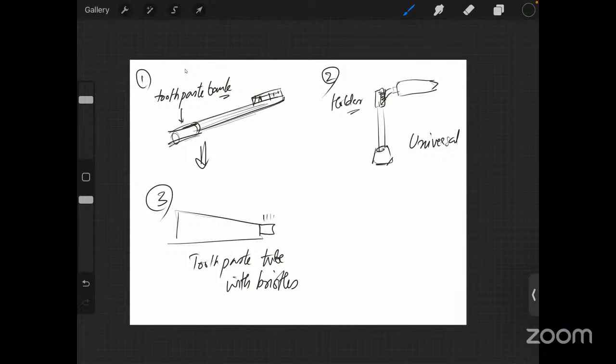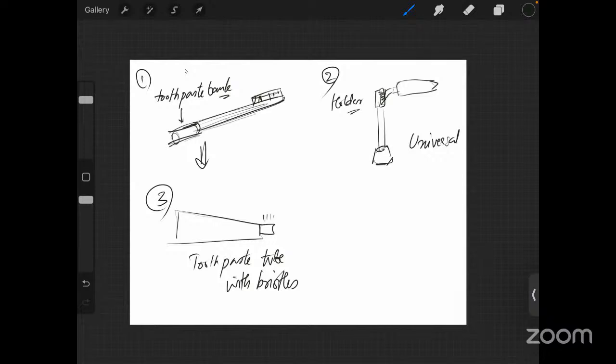So if that is the case, imagine a person with one hand going to the shop and asking for a particular brush that is suitable for him or her. Instead of that, he's buying random toothbrushes. Now you have the holder, you can keep it in, right?